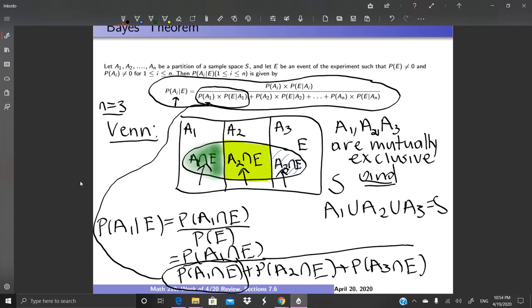You do the same thing for the others, and in the end you get exactly this formula right here if you just had A1, A2, A3. So with Bayes theorem, you can essentially figure it out by doing this Venn diagram, without having to worry about memorizing it.